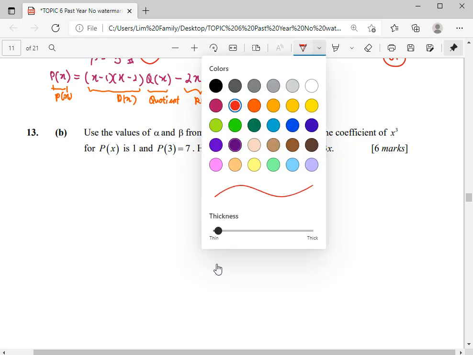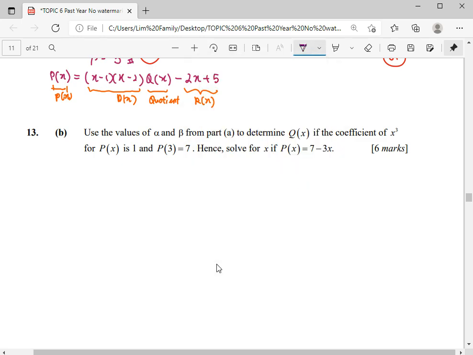So for the first step, we put in the suitable form for Qx. Our Qx here will be linear, so ax plus b. When we expand here, we will go back to a cubic polynomial. Our first information says the coefficient of this x cubed is 1.